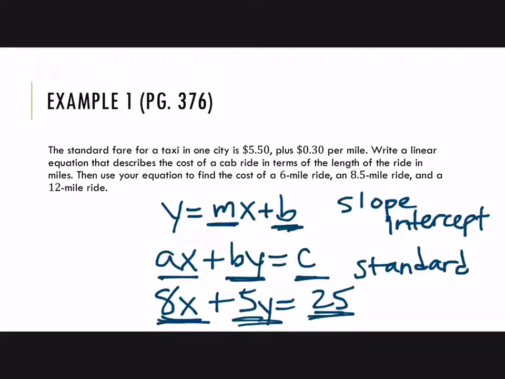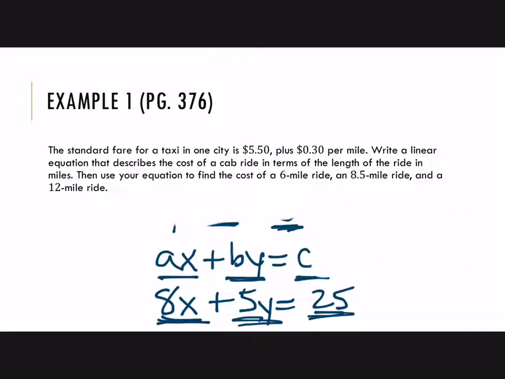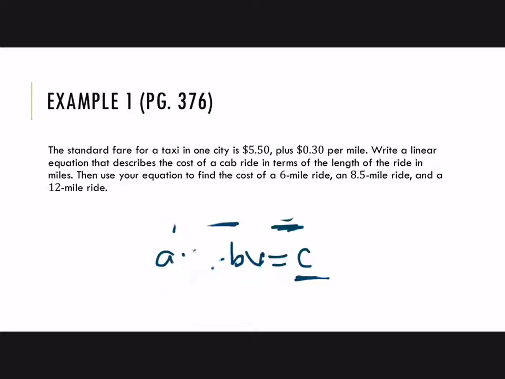As we go through these examples, see if you can identify what type of equation is needed for these situations. So here's example 1, from page 376 in Math in Our World. The standard fare for a taxi in one city is $5.50 plus 30 cents per mile.